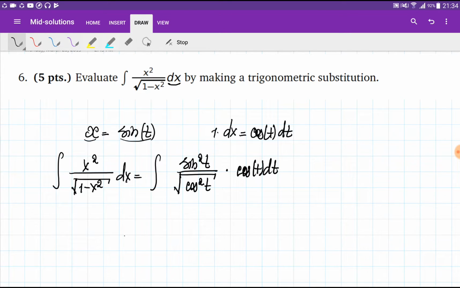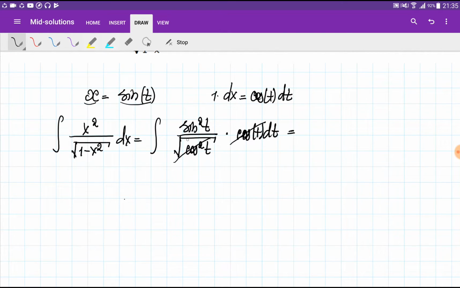Because dx is equal to cosine of t dt. If I take the square root of cosine square of t, it will be simply cosine of t, so I can just cancel them. And this will be equal to the integration of sine square of t dt.